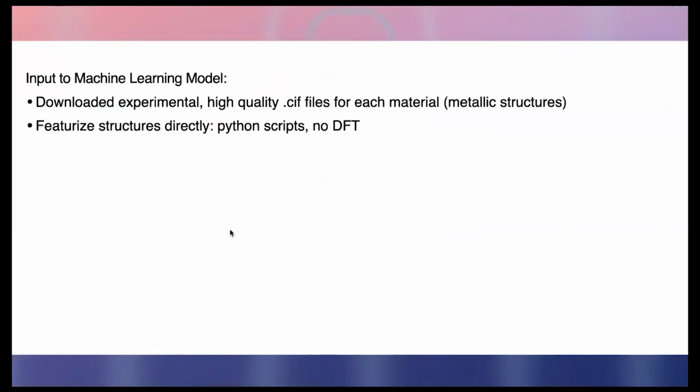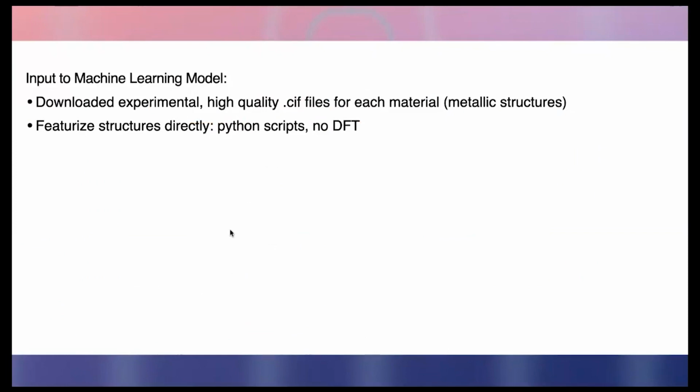So we download the CIF files, experimental ones, and we pick the metallic ones, right? Particularly for training purposes, you don't want to have the same material twice. And we pick the metallic structure. The reason we pick the metallic structure is because if you already know the insulating distorted one with the 0.1 angstrom displacements, it has an MIT.